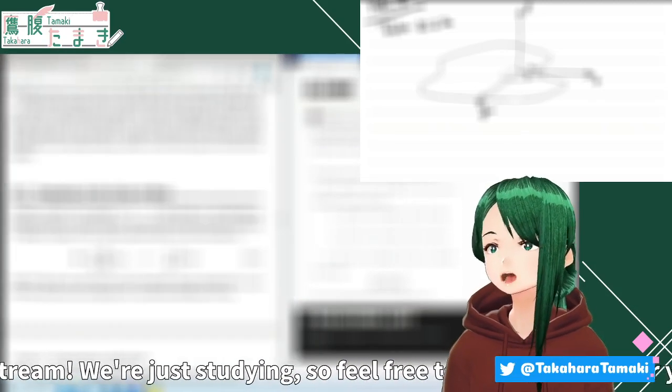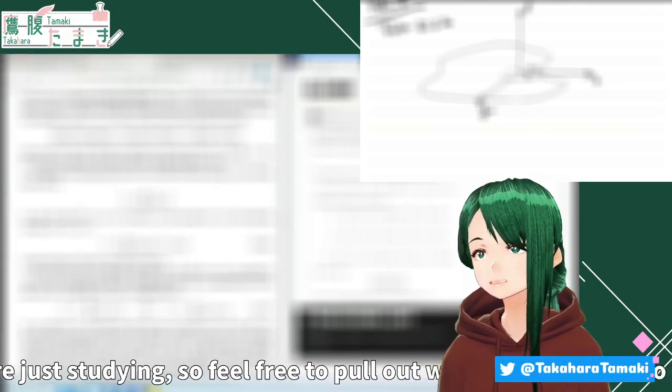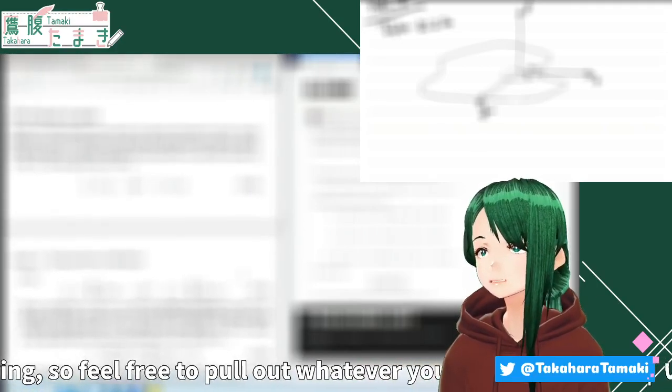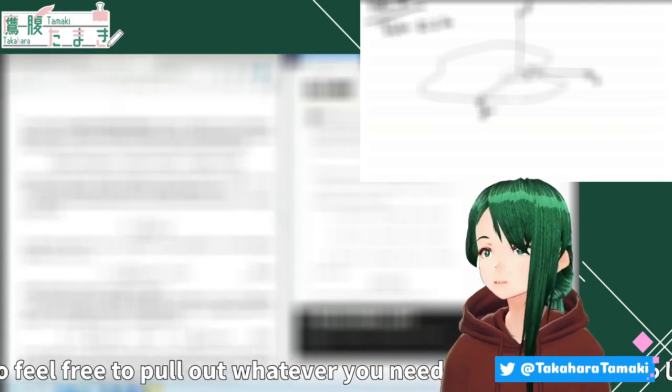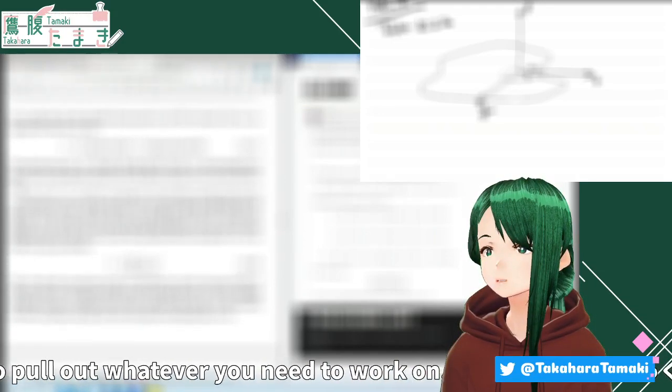I guess I should go back and double check what the equations are, because I know the inertia tensor had some equation for the diagonal components and some equation for the non-diagonal components. So let's go pull that up.